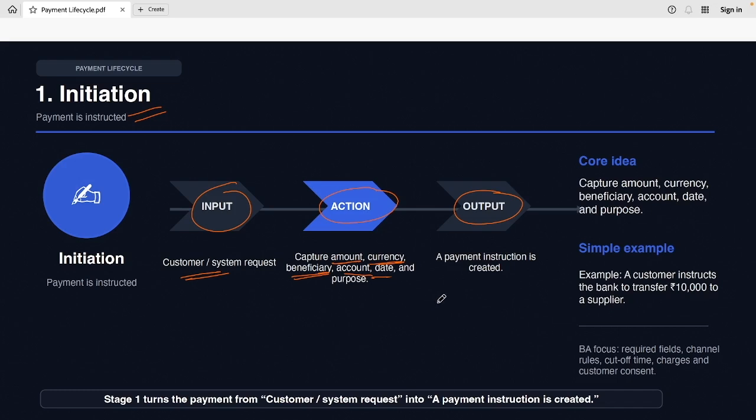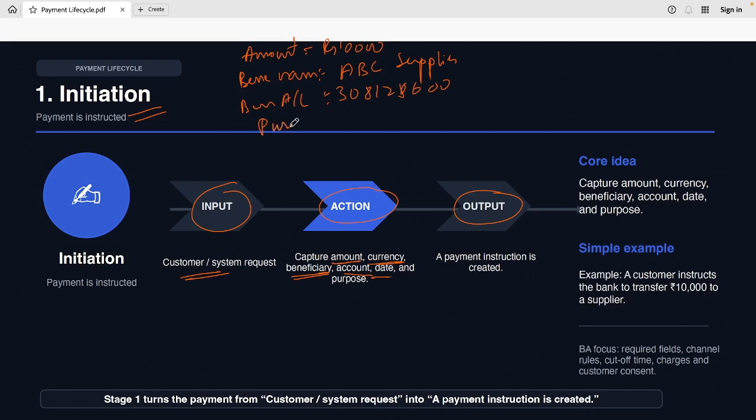For example, suppose a customer enters the following details. The amount: the customer has entered amount 10,000. Beneficiary name, say ABC Supplies. Beneficiary account number 3081, let us take some random number.